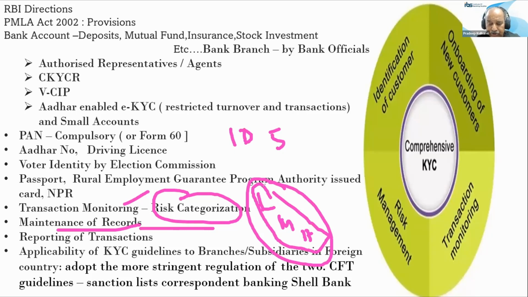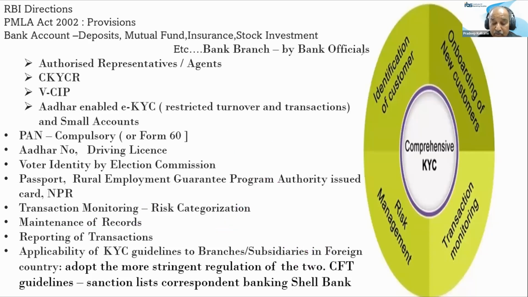Trusts, associations, game organizers, and non-resident Indians come under the higher risk categories, as do politically exposed persons. A politically exposed person need not be understood as a person connected to politics. Please don't mistake it.